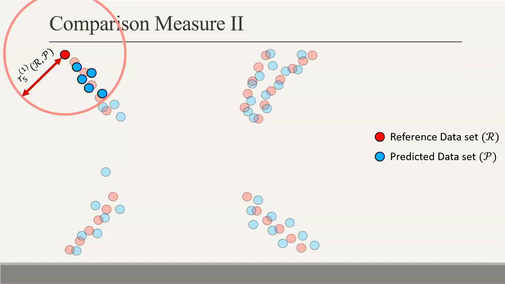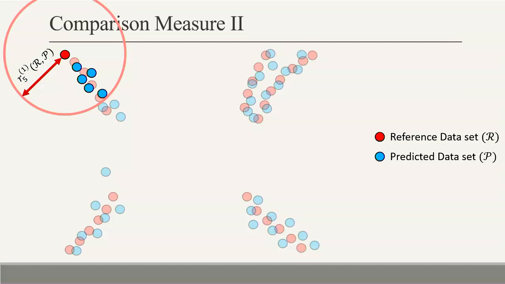So instead of calculating the average distance or the distance to the fifth nearest point, you could treat those as vectors and add them up. So you've got five vector differences between red and blue, red and blue, red and blue, red and blue. Add them all together. They're all in the same direction, so you get a big vector.